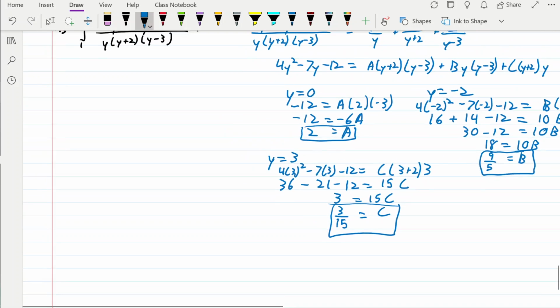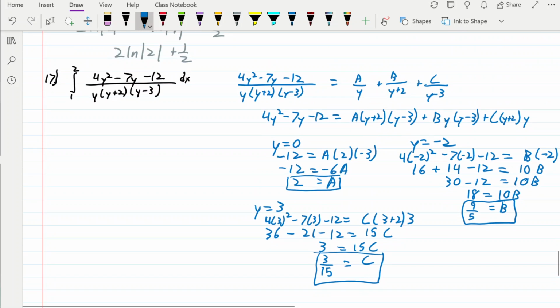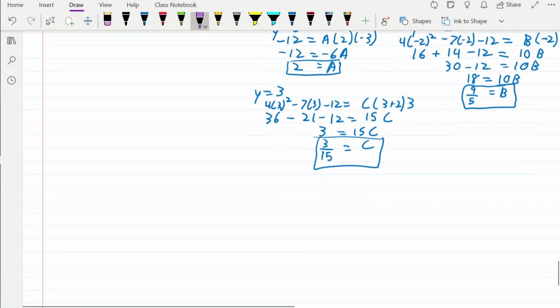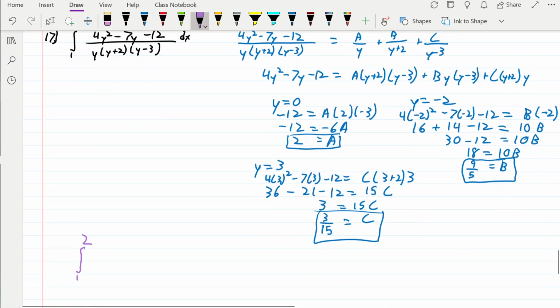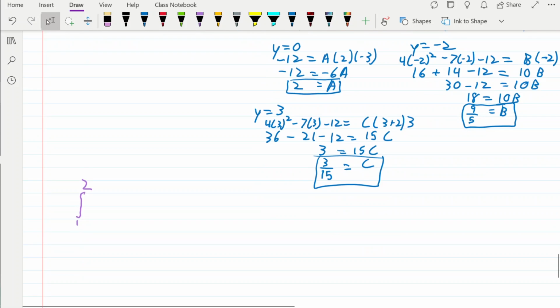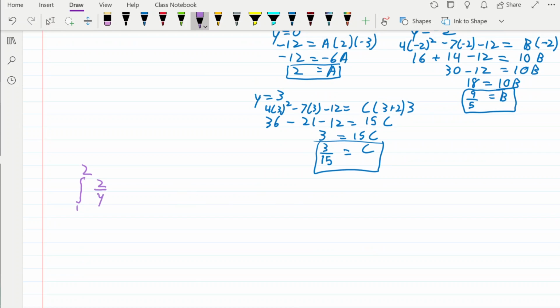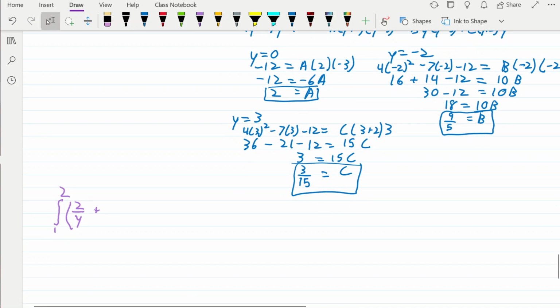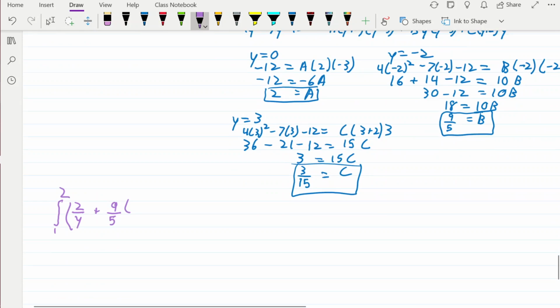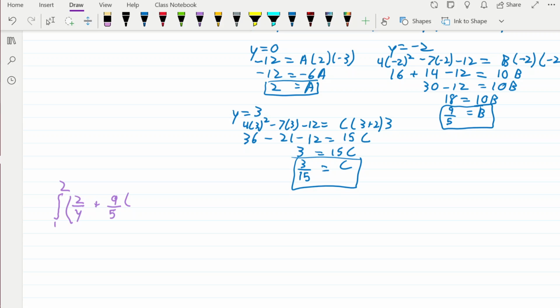All right, so now we can rewrite our integral, which I will use purple. So we're going to have the integral from 1 to 2. Our A is equal to 2, so we're going to have 2 over y plus our B is equal to 9 over 5, so 9 over 5 times y plus 2 on the bottom.